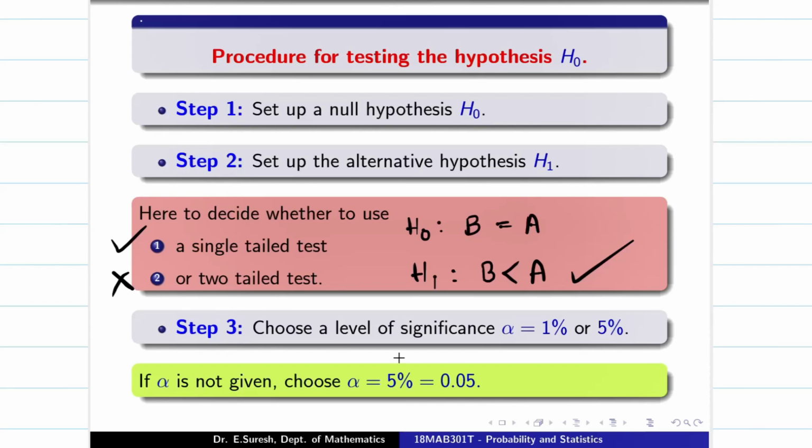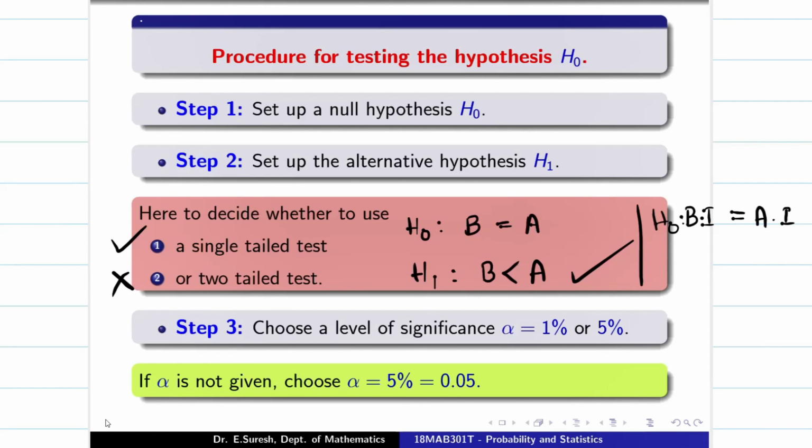I say larger. I'll tell you another situation. Suppose patients are using insulin. Before using insulin, you check the patient's blood sugar level. After using insulin, you check the blood level again. H0, as usual, says they are the same.